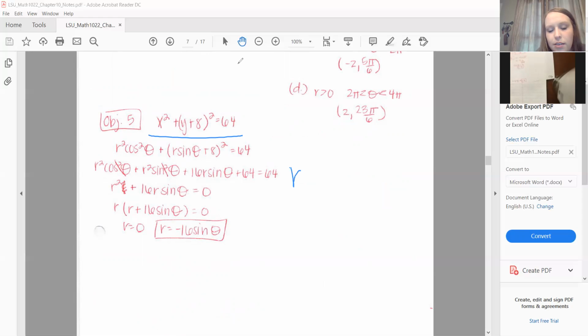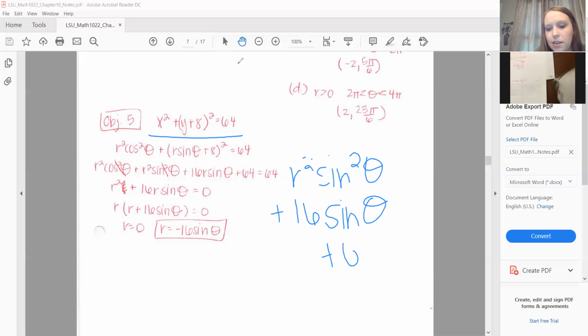So r squared sine squared theta, and then we get 8 times r sine theta twice. So that's plus 16r sine theta. And then 8 times 8 would be plus 64. Okay, that's just FOILing that part. I wrote that all out right here, but that's how I got it.